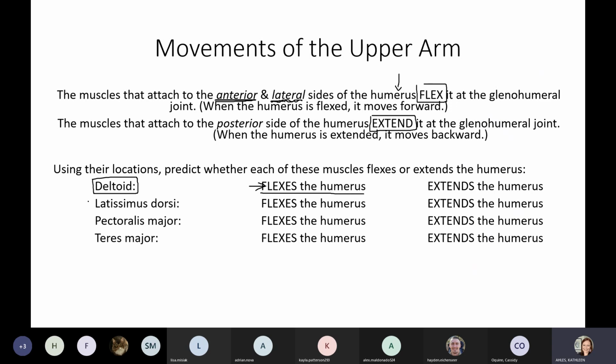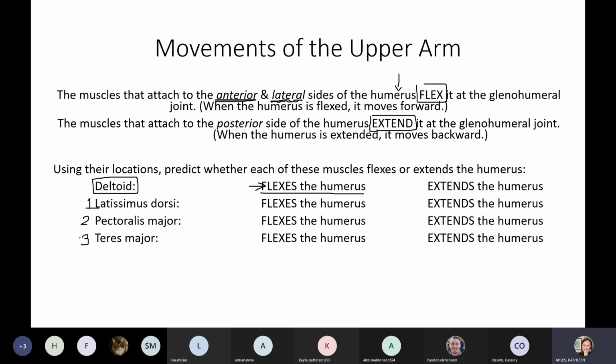One of these others, either latissimus, pectoralis, or teres, one of these other muscles lives on the front side of the body, the anterior side of the body. Can you tell me in the chat, is it 1, 2, or 3 that is also found on the anterior of the body?